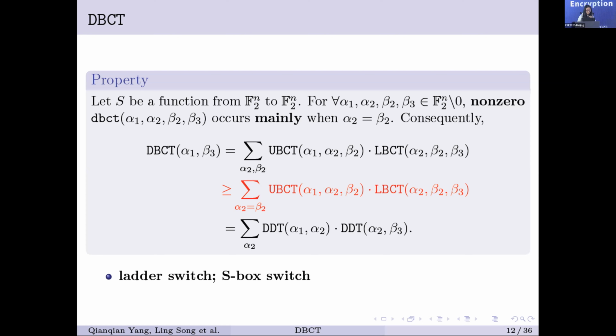So maybe use the DDT to replace DBCT. Now we can get the probability in a short time. Okay, so we transfer the DBCT to the DDT under the hard-to-ice-box assumption?